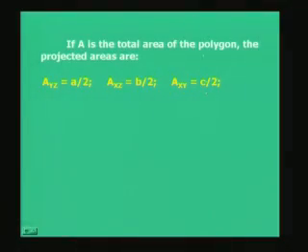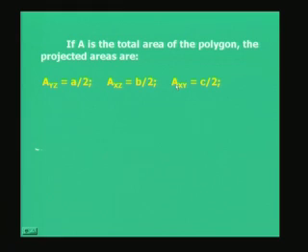Similarly, if C is the z component of the direction cosine of the surface normal, as you can see carefully here on the slide, then that is twice the area of the polygon projected onto the XY plane.